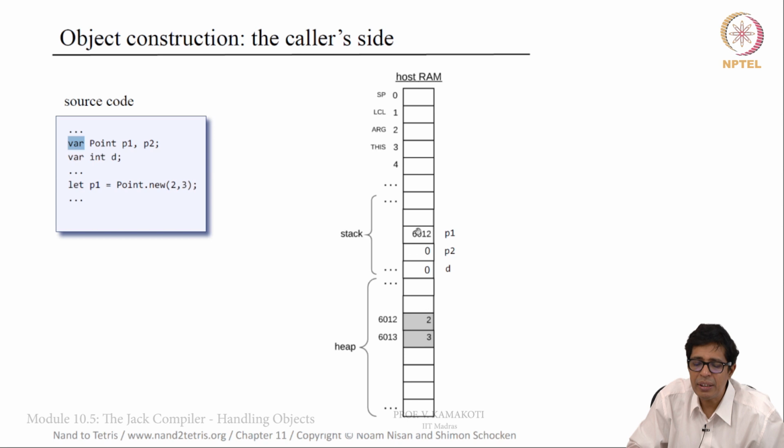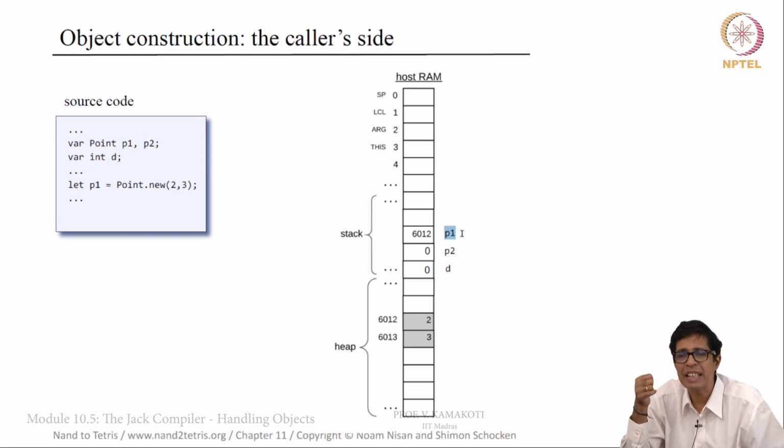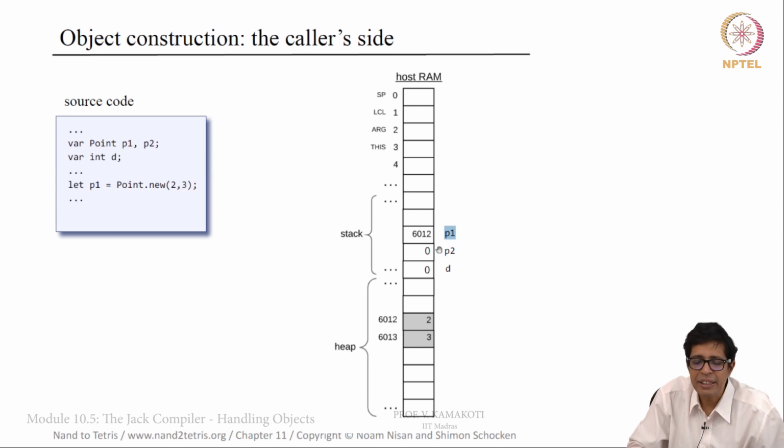Now P1, in C, if I say int I of 10, what is I? I is the starting address of that array. Similarly, in this, what is P1? P1 is the starting address of where that point is stored. So what will be stored in the stack for P1? It will be stored 6012. Now in 6012, when I go and see, I will find 2, and in 6013 I will see 3.